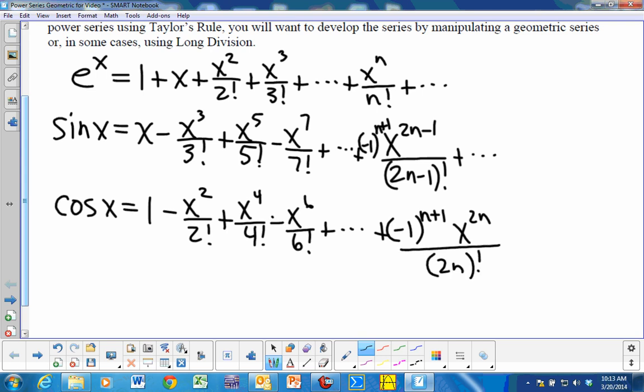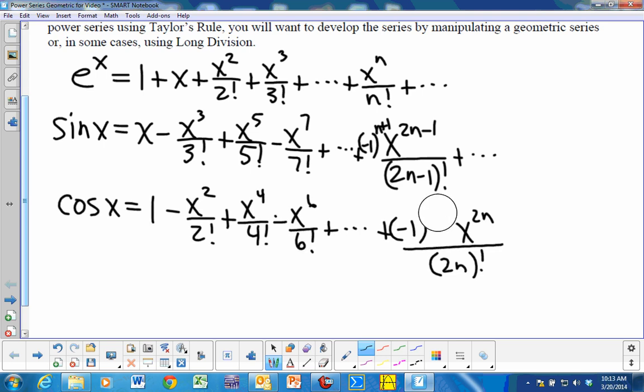So if n equals 1, then we can't start there. We actually have to start at 0. So if I'm starting at 0, this will have to be n, because I want the first one positive. So if I want to write it this way, which is a little easier way to write it, then I just change that index. So these are the three that we're supposed to already know.